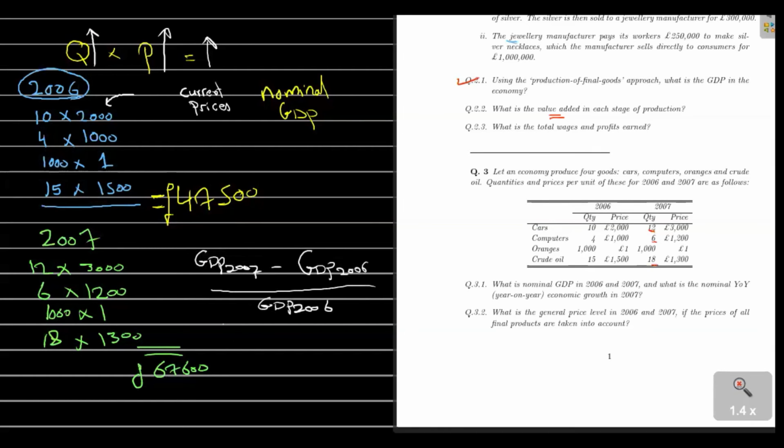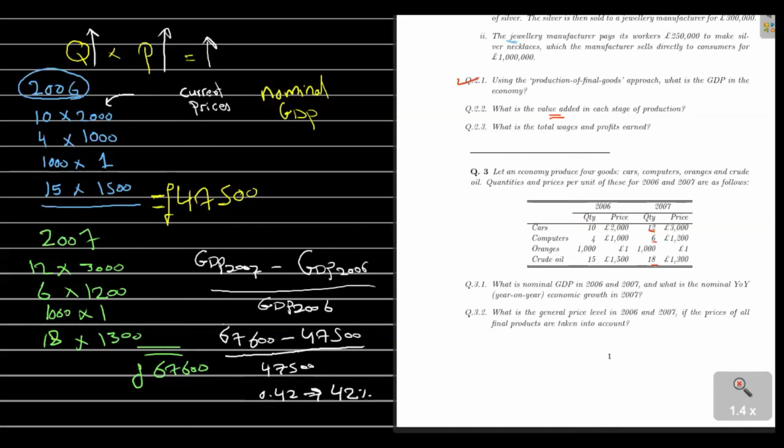That means 67,600 minus 47,500, divided by 47,500. Okay, and that should give us 0.42 or 42%.